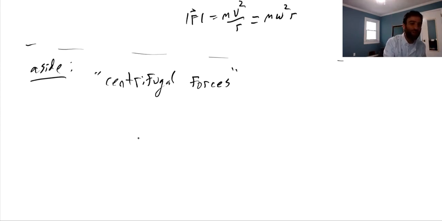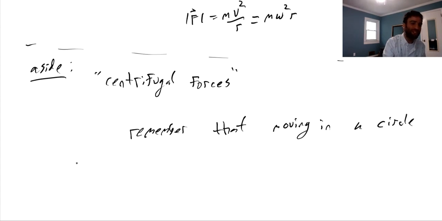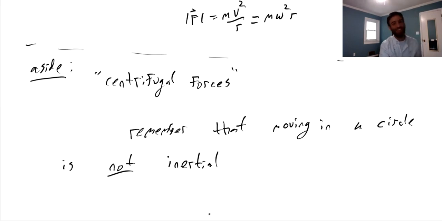But remember that moving in a circle is not inertial. By moving in a circle, you are constantly changing your velocity. And that means you do not have a constant velocity, right? You are always accelerating, again, in the direction towards the center of the circle.